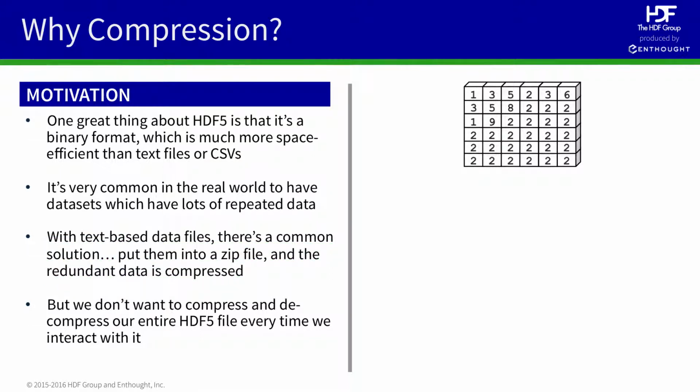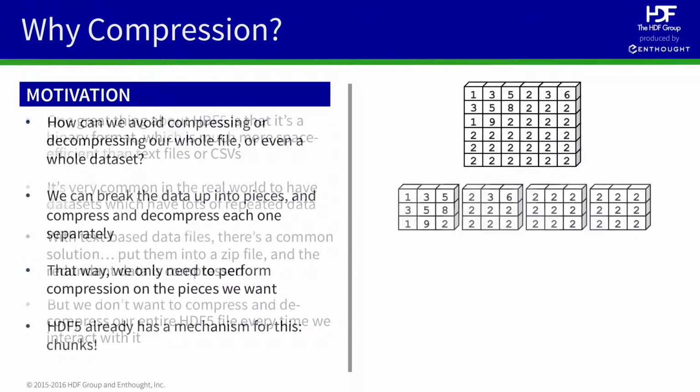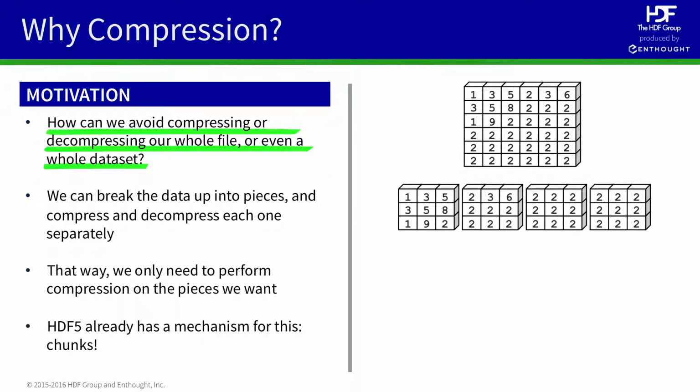We could use this strategy for HDF5, but we don't want to compress and decompress the entire HDF5 file every time we interact with it. And if our HDF5 file contains multiple datasets, it's very wasteful to compress and decompress other parts of the file. So the challenge is, how can we avoid compressing or decompressing our entire HDF5 file, and keeping in mind that datasets may be gigabytes or larger in size, to avoid compressing or decompressing even an entire dataset?